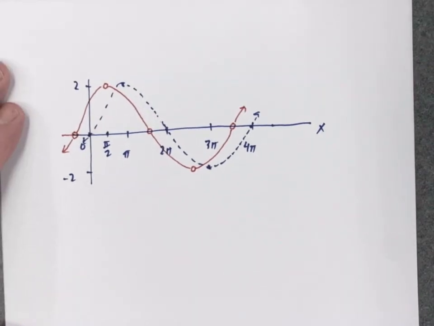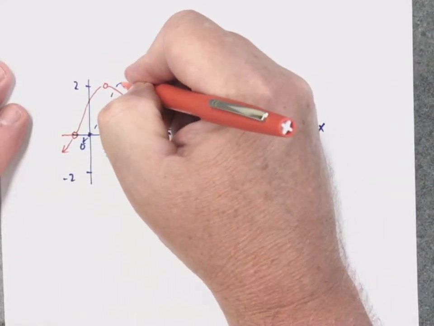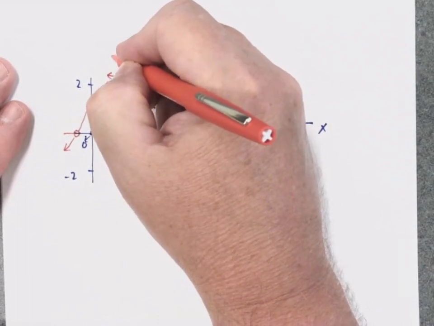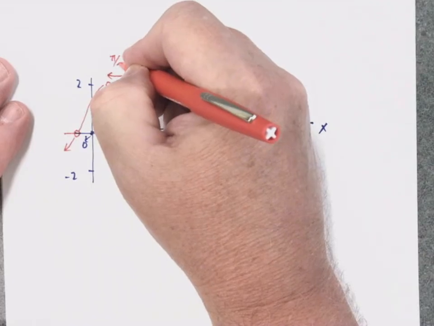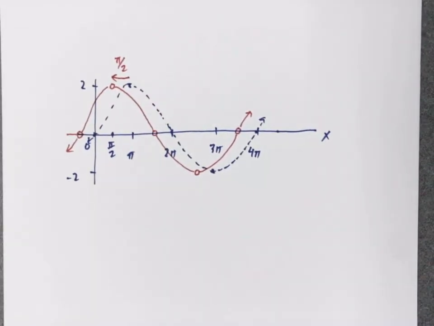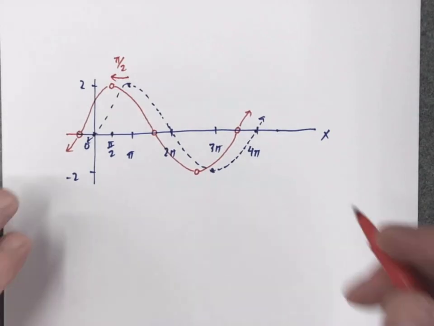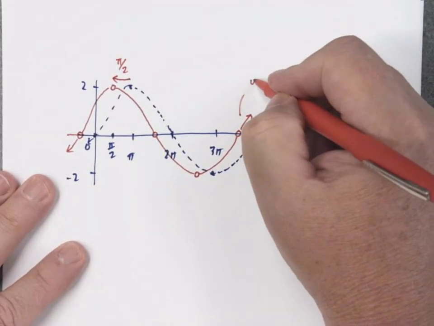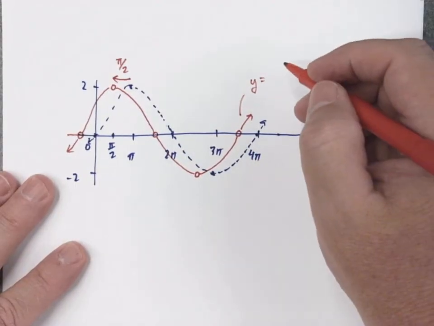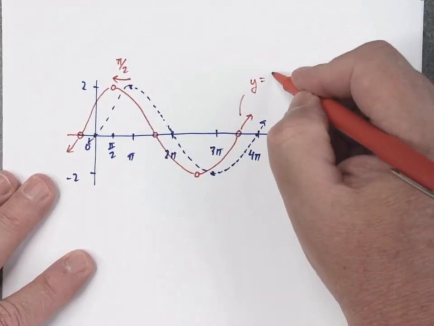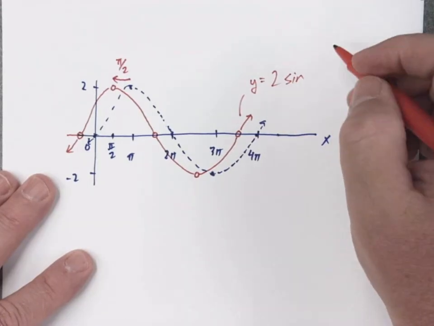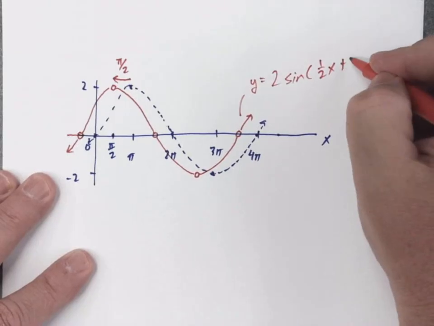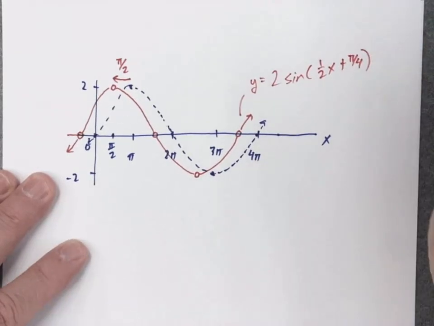So you can see that if you look at this, for my no phase shift graph, I basically move the whole graph to the left by pi over 2. So therefore now this graph here in the red, I could say this is the graph of y equals 2 sine of (1/2 x plus pi over 4).